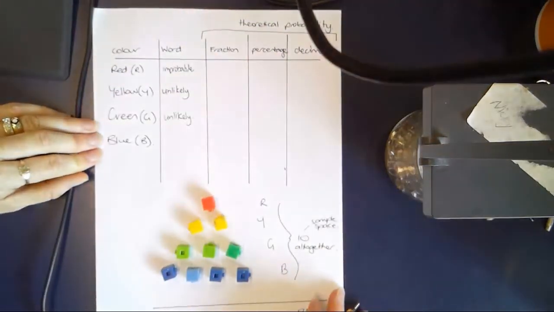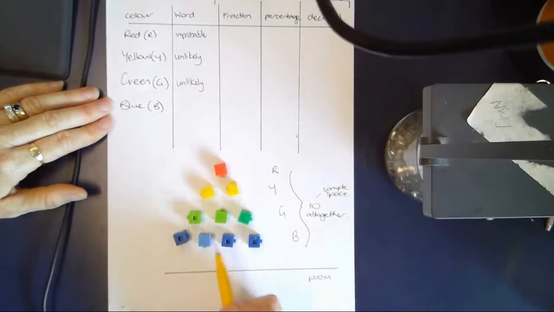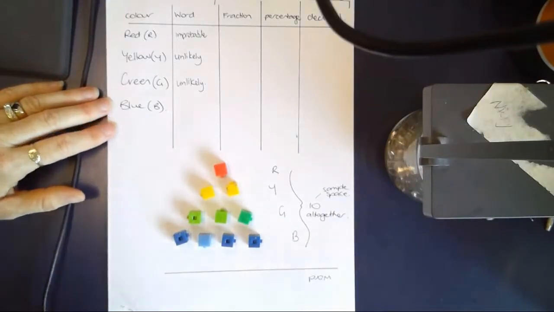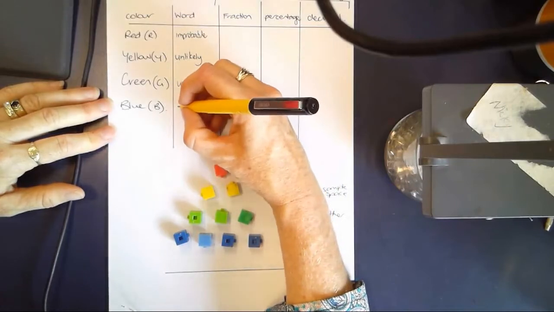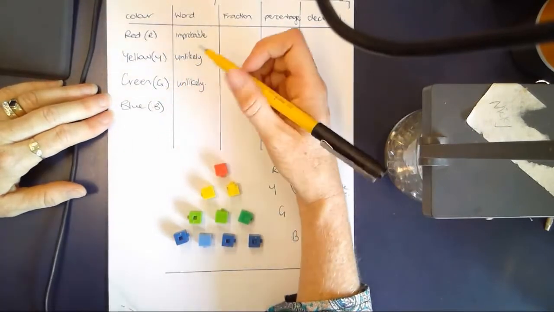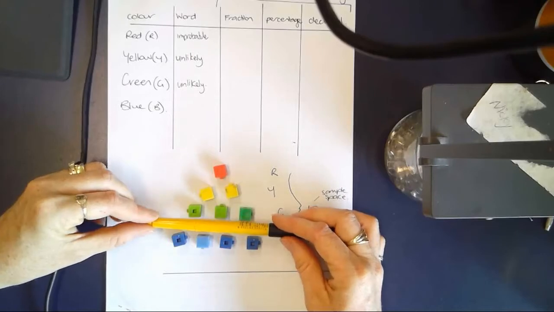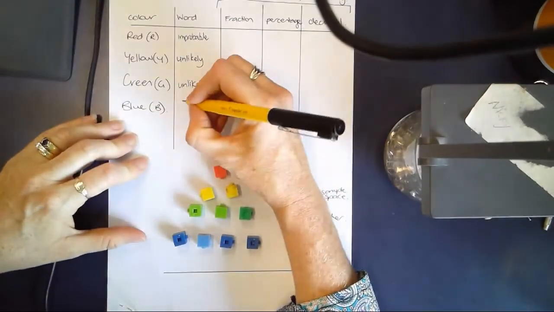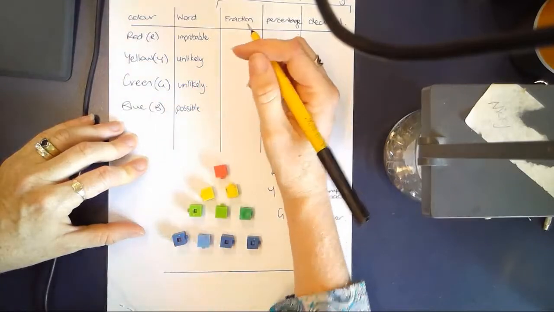Then we have 4 blue out of the 10, so we're probably more likely to choose a blue than any other colour. But when you think about it, any other colour combined is 6 out of the 10. So a good word might be possible there.